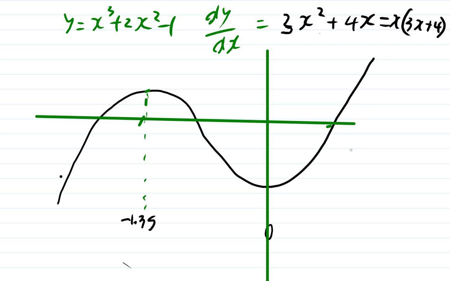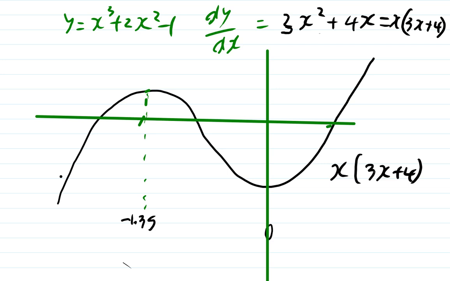Now, here we have x(3x plus 4), right? At what value of x will make this equal to 0?